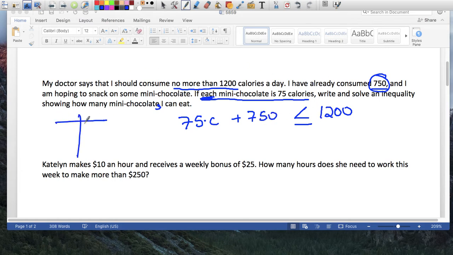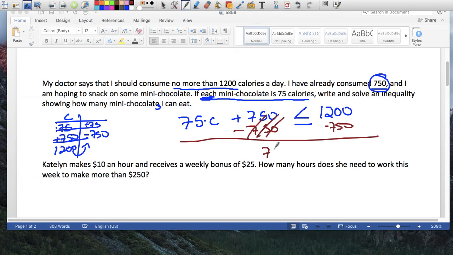So if you did your story, it's C times 75 plus 750, less or equal to 1,200. The inverse operation is going to be subtracting 750 and then dividing by 75. So let's do a minus. Let me change colors. Minus 750, minus 750.